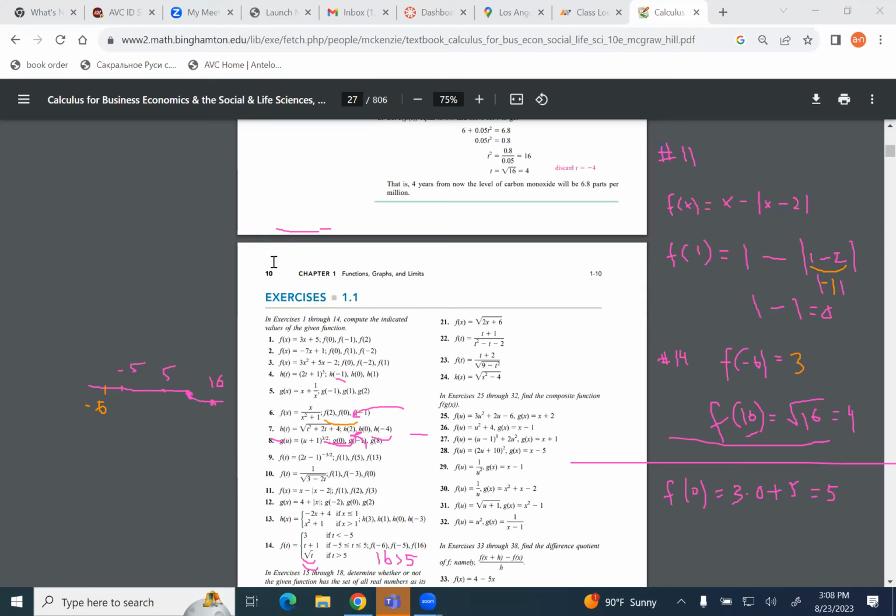Let's do number 11. That's a good idea with f of 2, sure, because I just did number 11 with f of 1. So what changes if you're going to replace x with 2 in your function, which is in the upper right corner? Well, what's going to happen? We're going to have 2 instead of x.